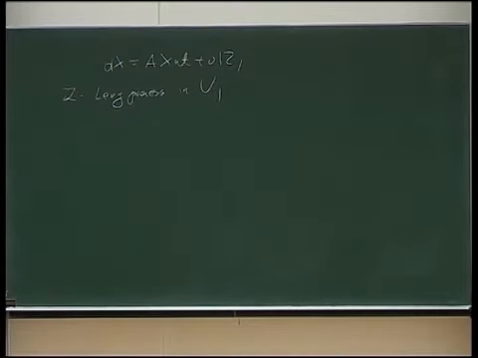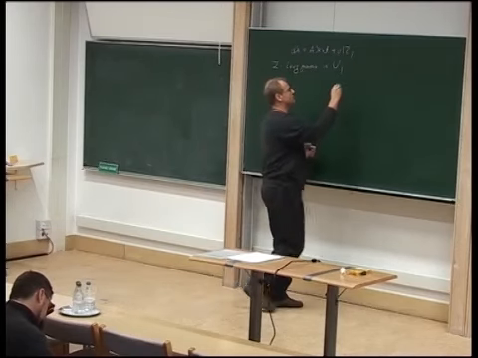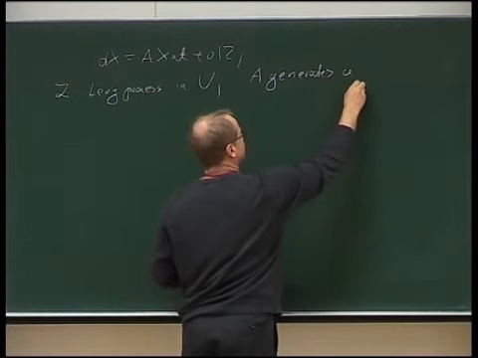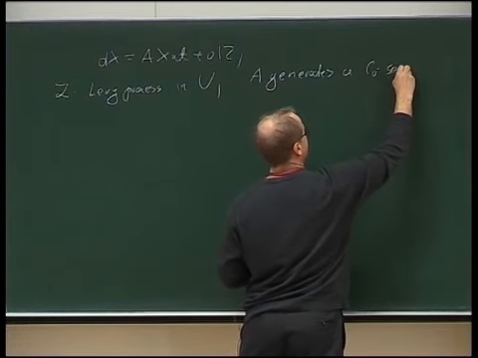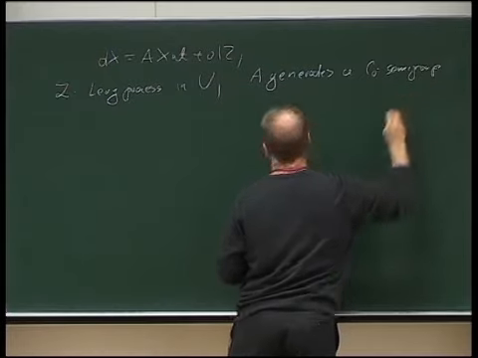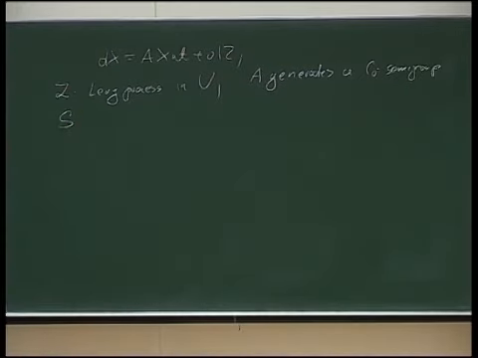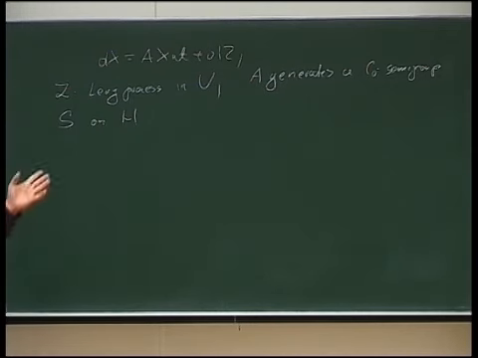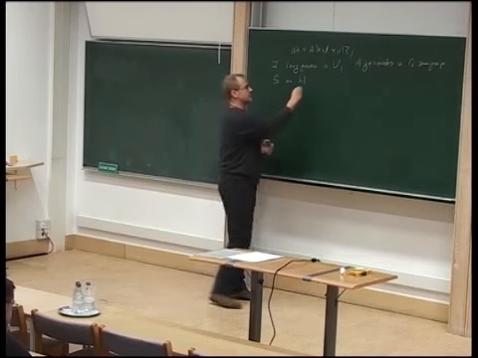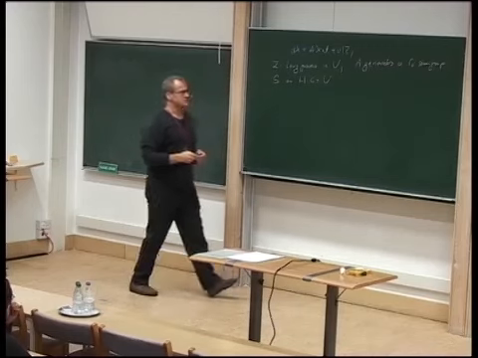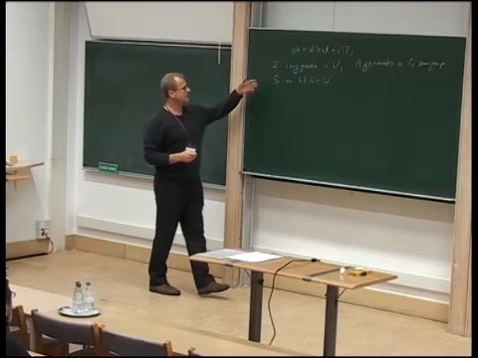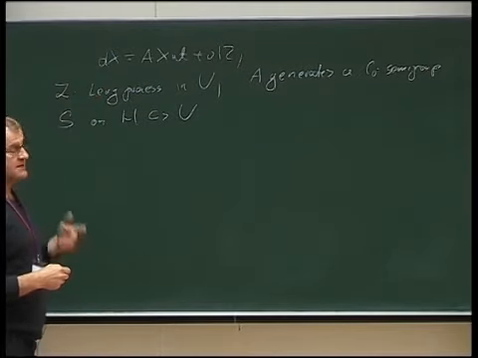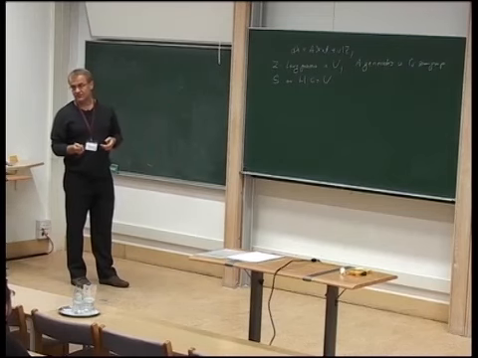A is a generator of a semigroup, so A generates a C0 semigroup S on a different space H, and usually H is a subspace of U. So we assume that H is smaller, and we are interested in the condition under which X as a process in H is continuous or càdlàg.